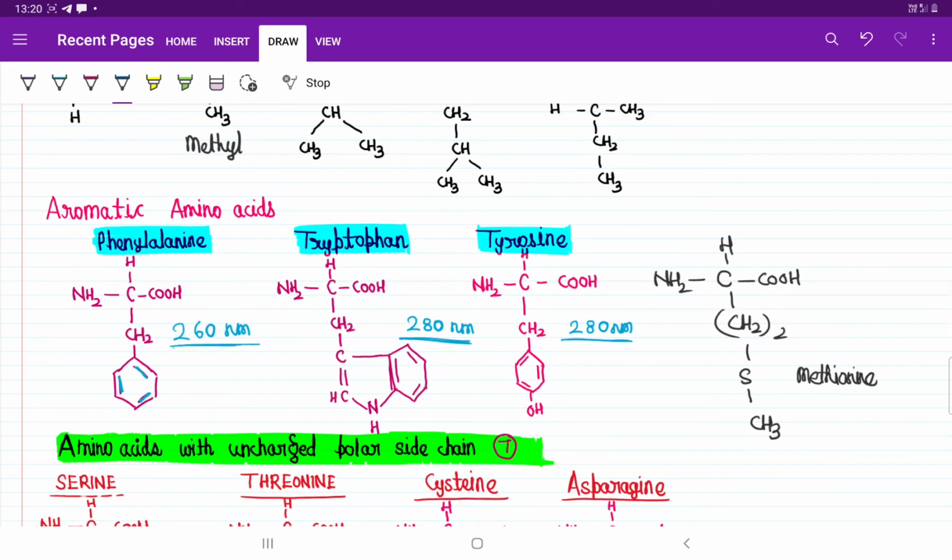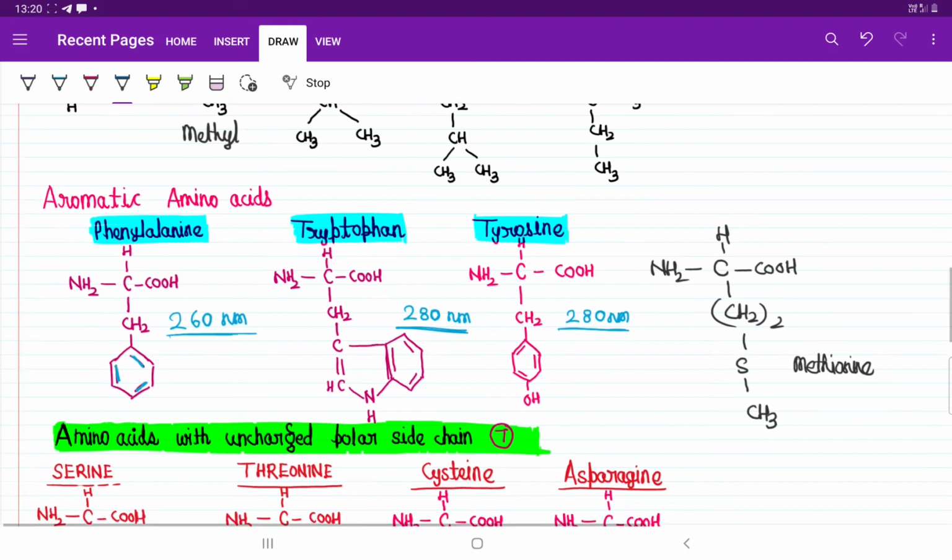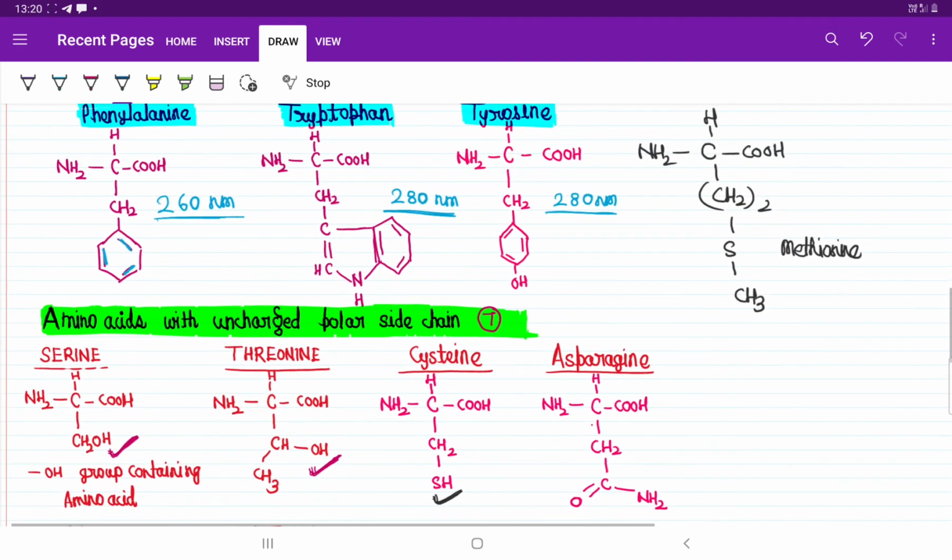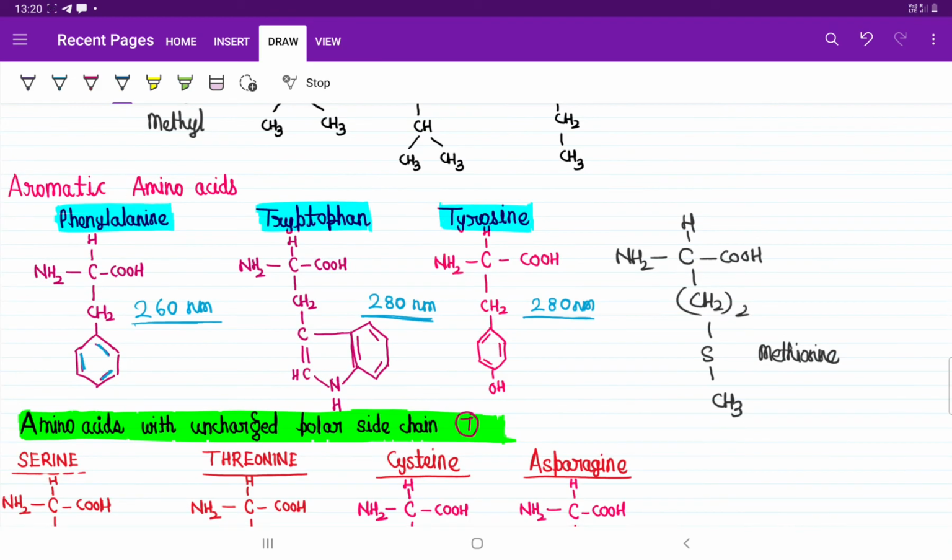Among these, phenylalanine and tryptophan have non-polar side chains, right? But tyrosine has an uncharged polar side chain. The tyrosine side chain is polar, but at pH 7 it is uncharged, right?